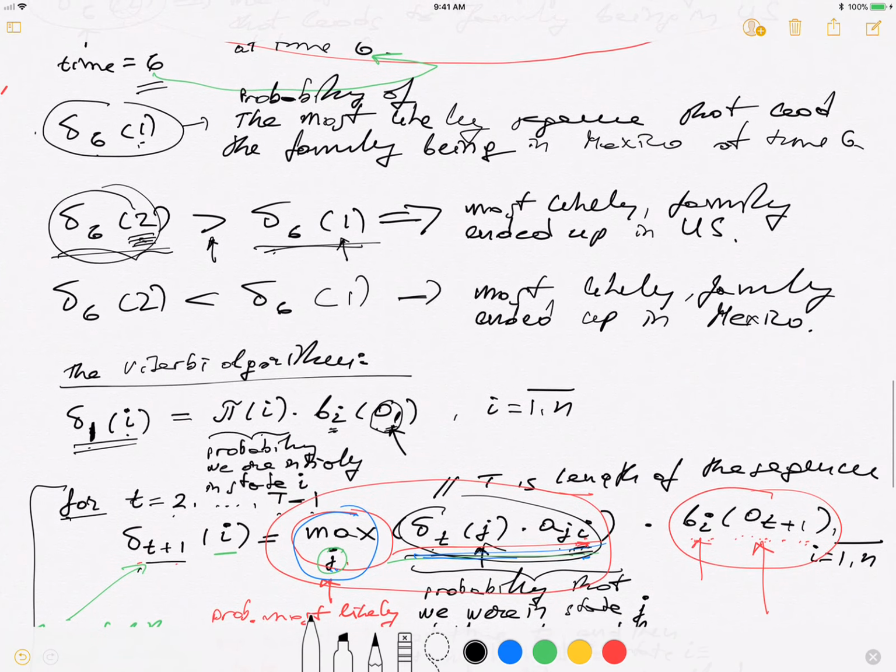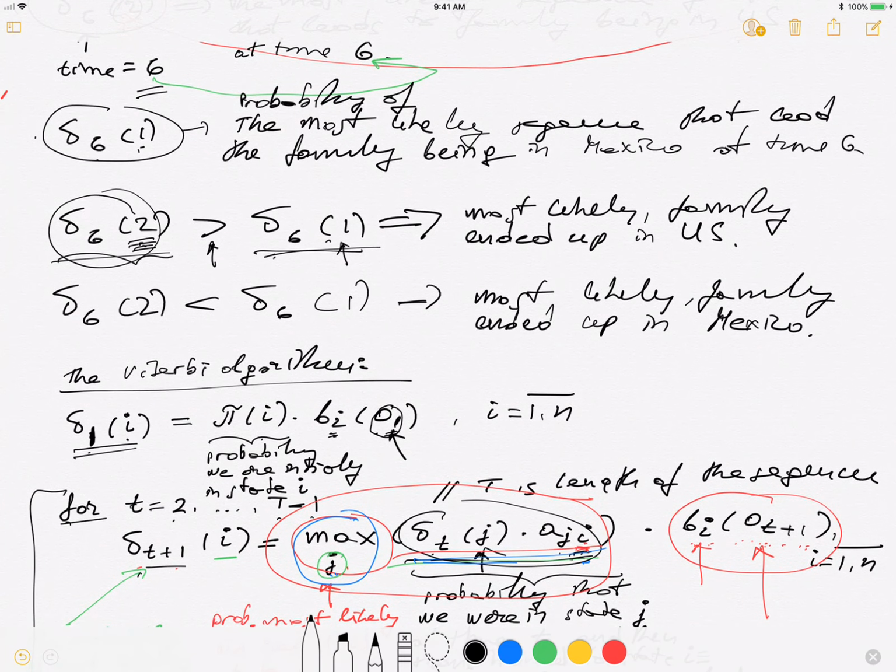This is what I essentially did here. I am comparing delta 6 of 1 and delta 6 of 2, remember t is 6. And I'm determining the most likely final state as the one which maximizes these probabilities. Here delta 6 of 2 is higher than delta 6 of 1.